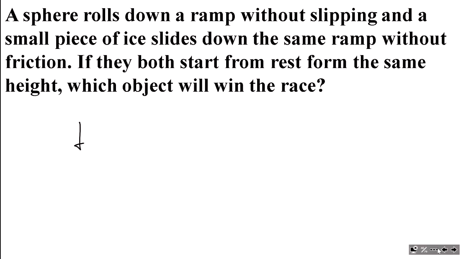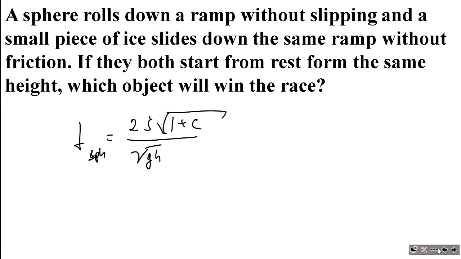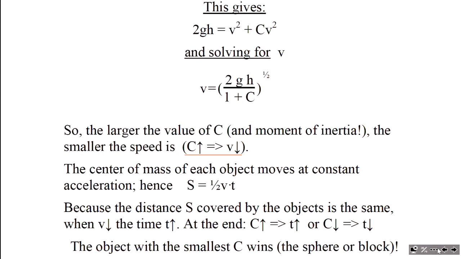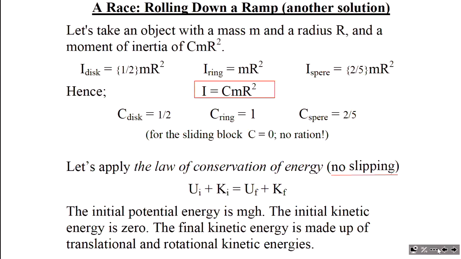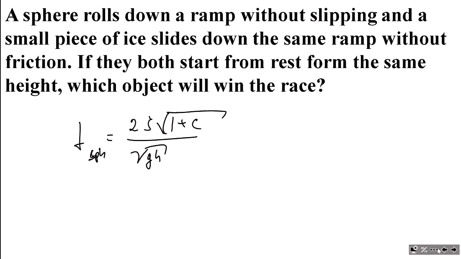Time for the sphere is equal to, what was it? 2 times s, square root of 1 plus c, over square root of gh. Let's test my short memory. Another 2. Yes.